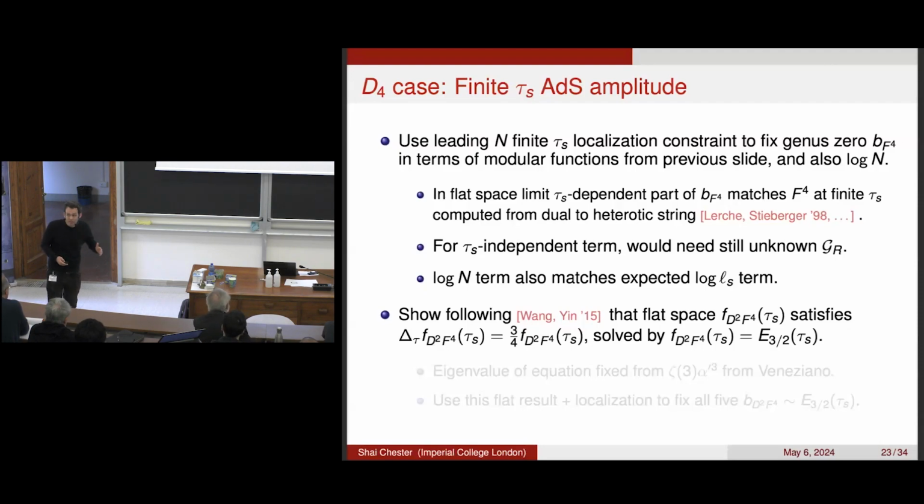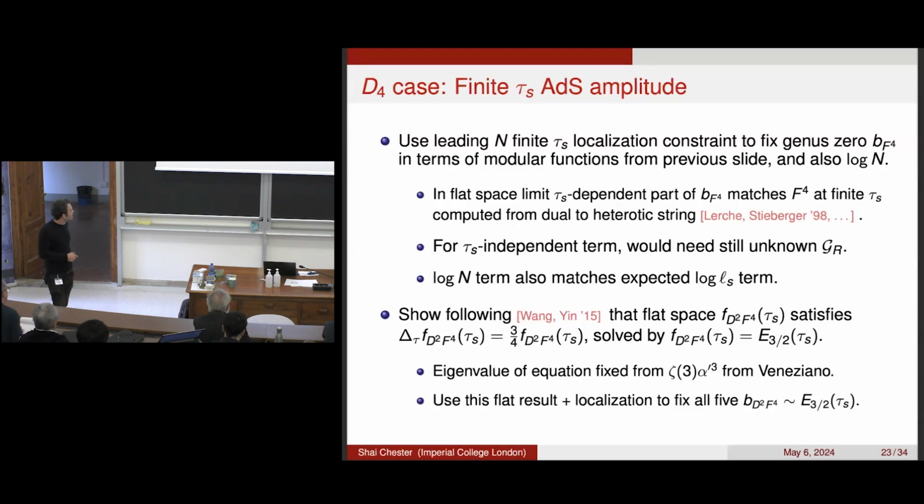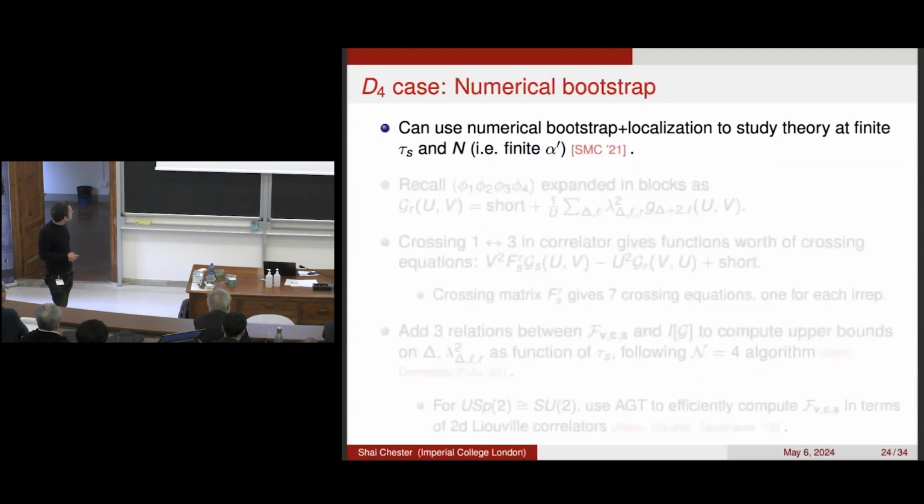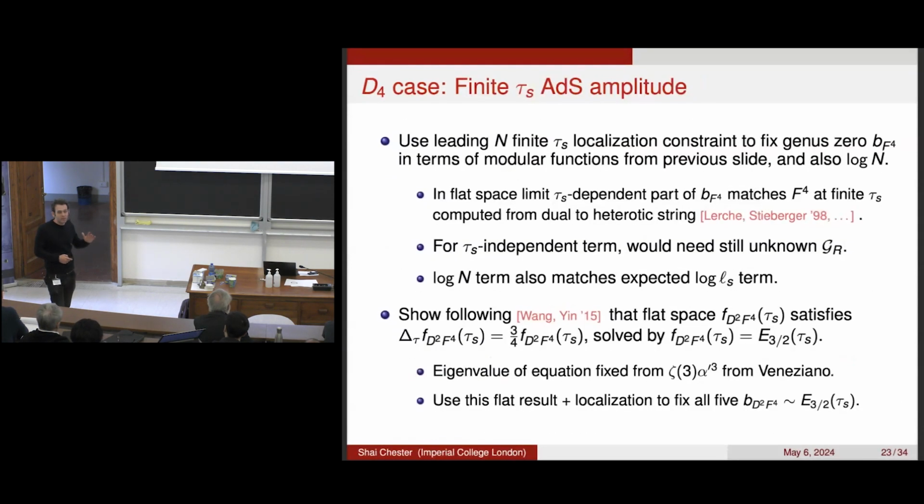And so it turns out that whereas the leading term, F to the 4, involves Jacobi theta functions, the next term, D squared F to the 4, does involve a non-holomorphic Eisenstein series, just like N equals 4. And then, using the fact that we know this in flat space, we can use that to fix the answer of the AdS holographic correlator at this order. Okay, so this concludes the large N finite tau story for this SO(8) theory.